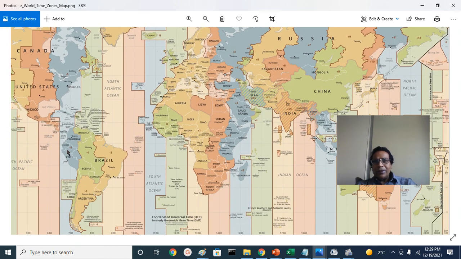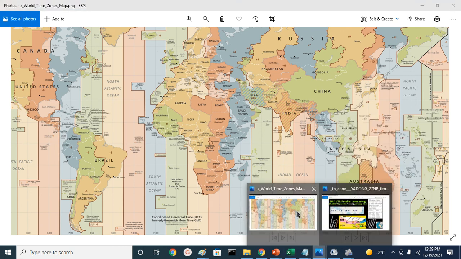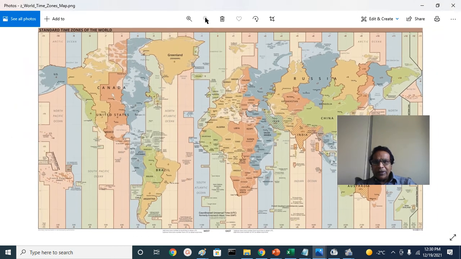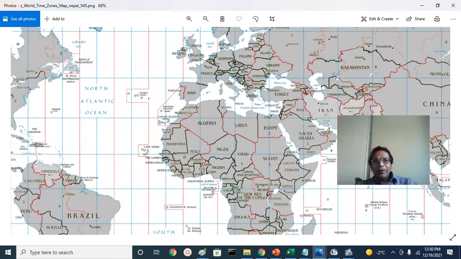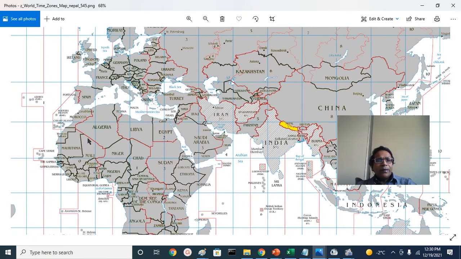So that is in brief about time zones, and the same thing I have shown here with a little more clarity. Here we see Algeria. This is 0. Portugal and Britain follow 0 GMT.